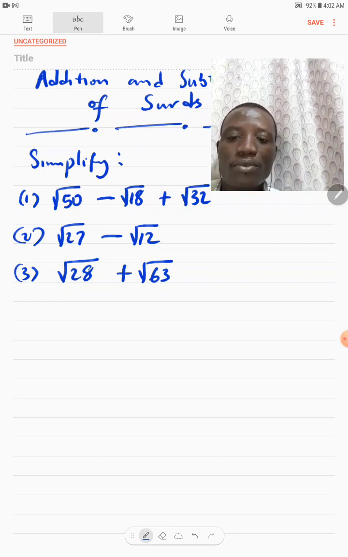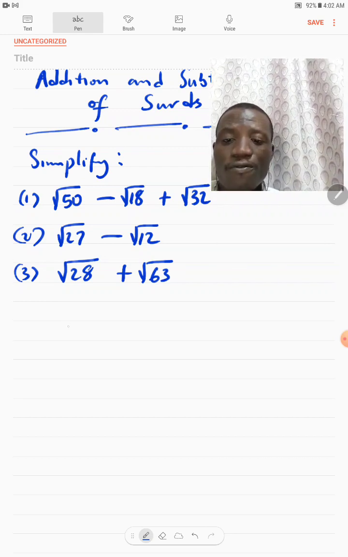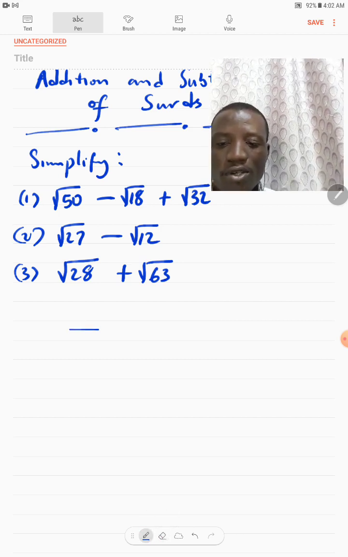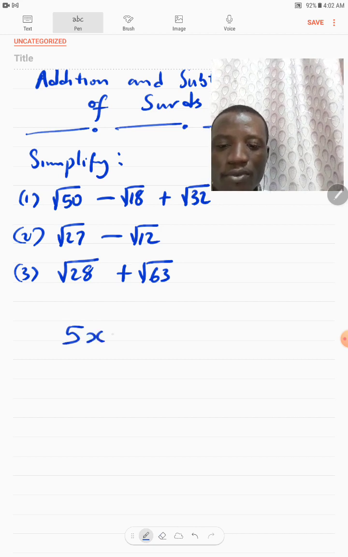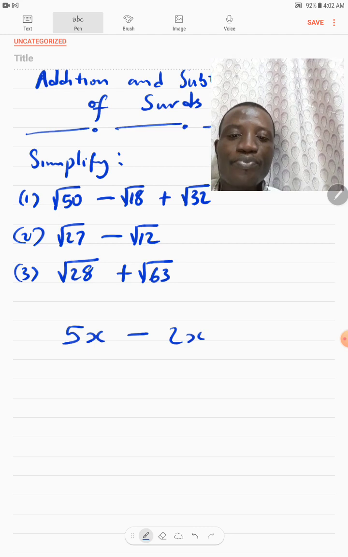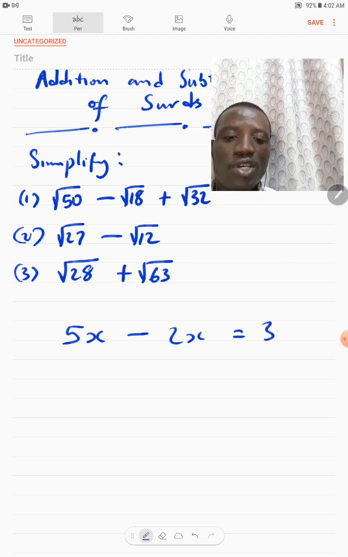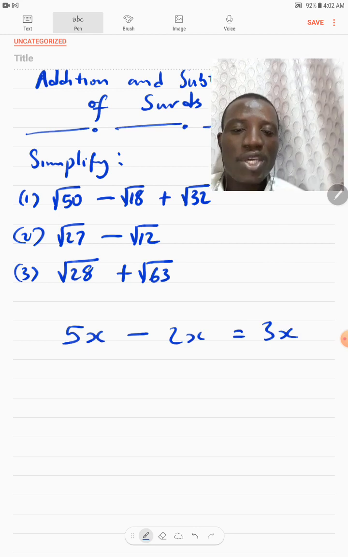Okay, for example, let's look at basic algebra: 5x minus 2x. Okay, so we say this is equal to 3x. Why do we get 3x?